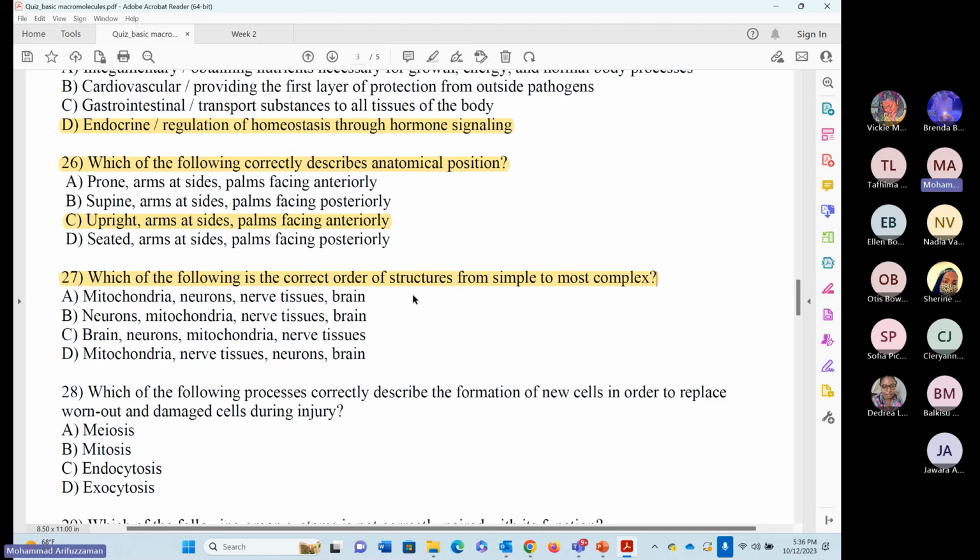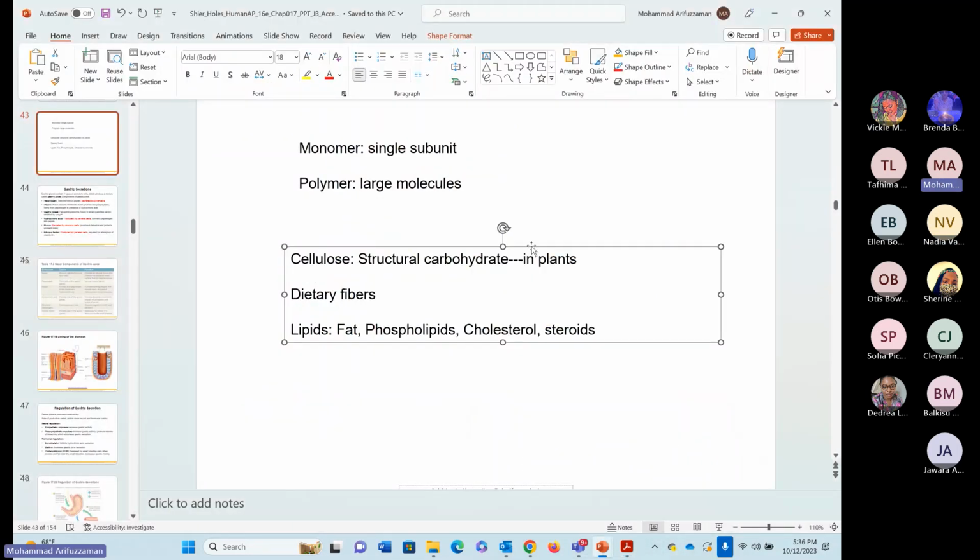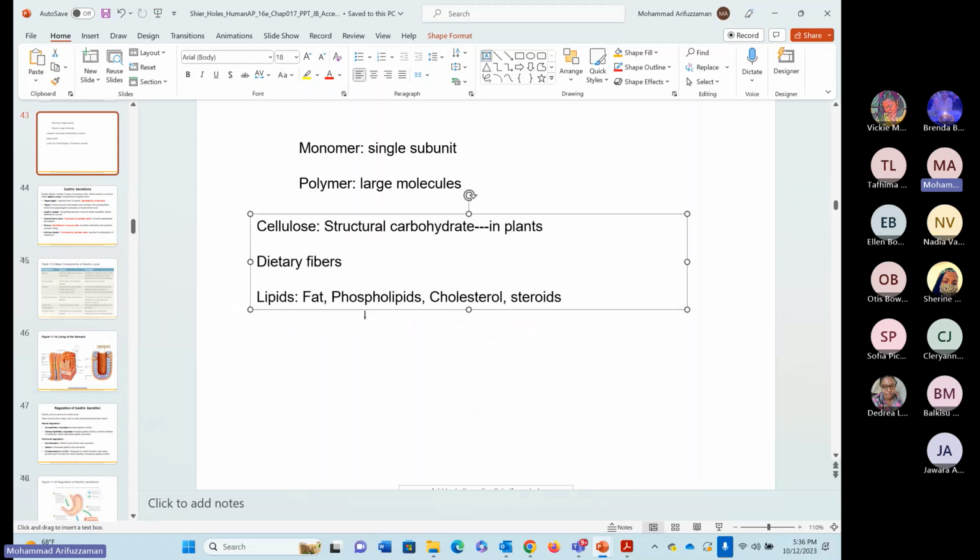Which of the following is the correct order of structures from simple to most complex? Would that be B? B. Okay. Now let me explain. I'll not give the answer now, just let me explain.